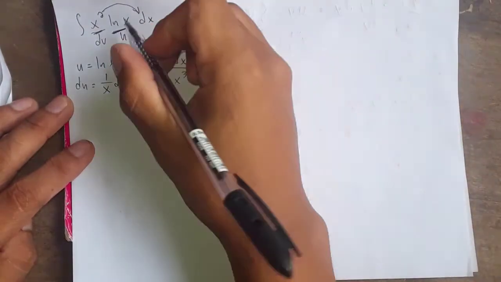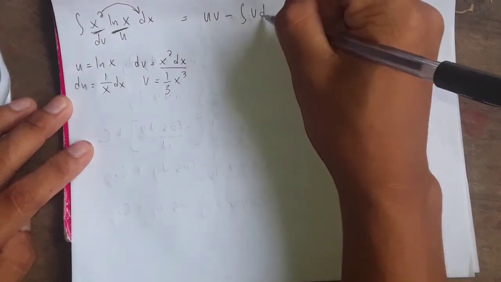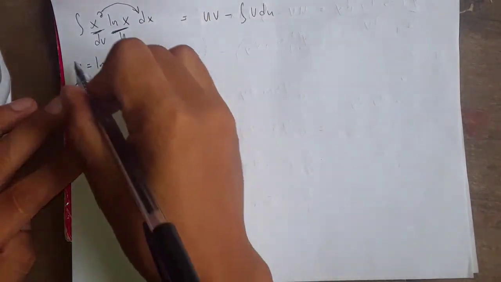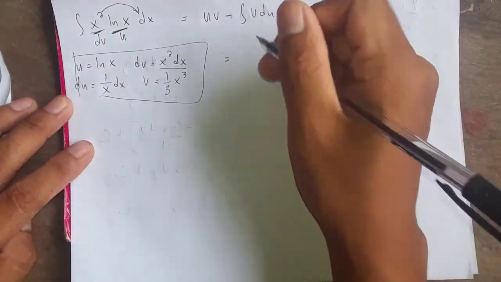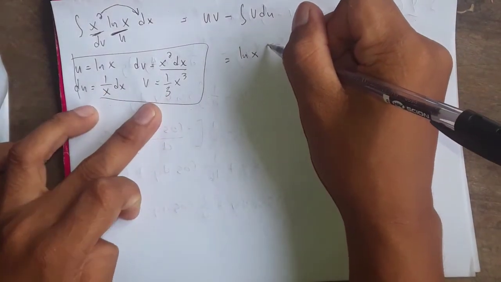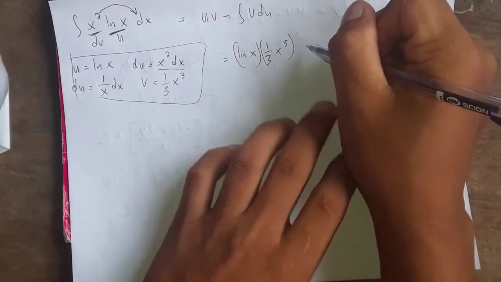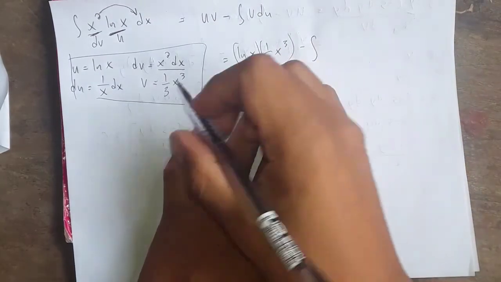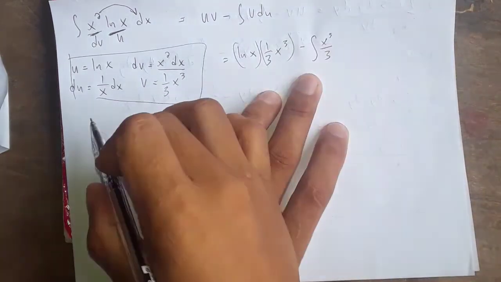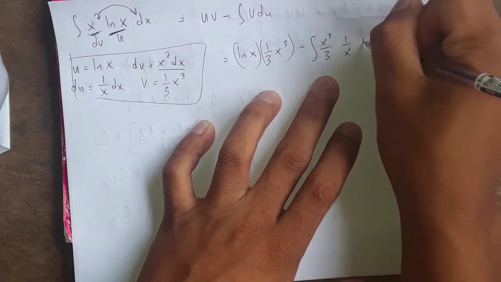So therefore, if this is our u and this function is our dv, the integral of this function is equal to uv by integration by parts minus the integral of v du. Then by substituting our values, we have now our u, which is equal to ln of x times our v, which is 1/3 of x cubed, then minus the integral of v du, where our v is equal to x cubed over 3, and our du here is equal to 1 over x dx.